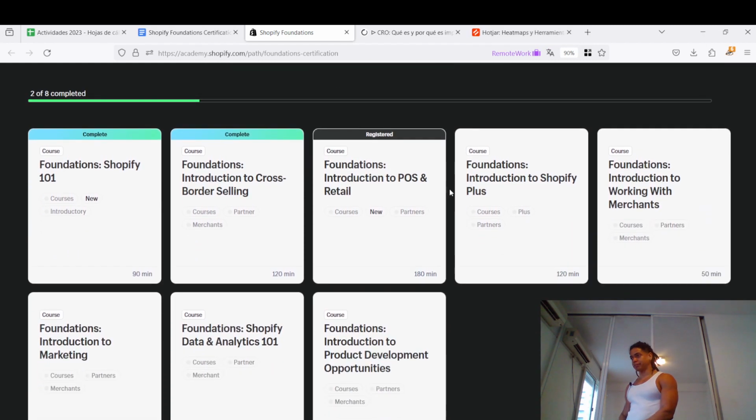Interesting, by the way. So I'm combining software development with the marketing aspect as well. Great.